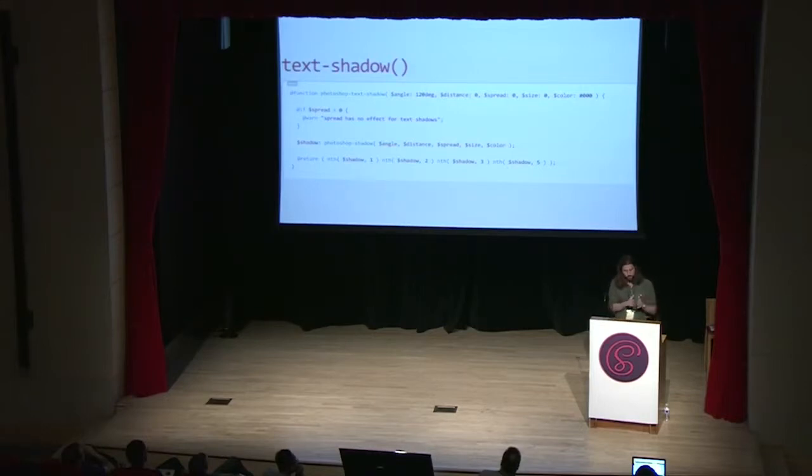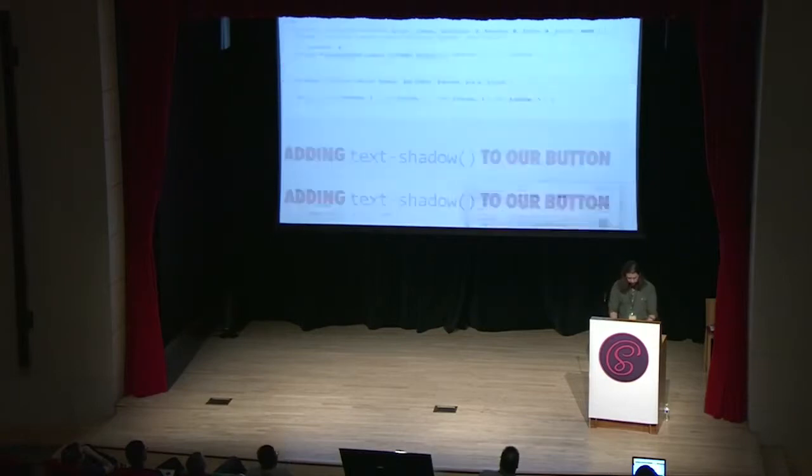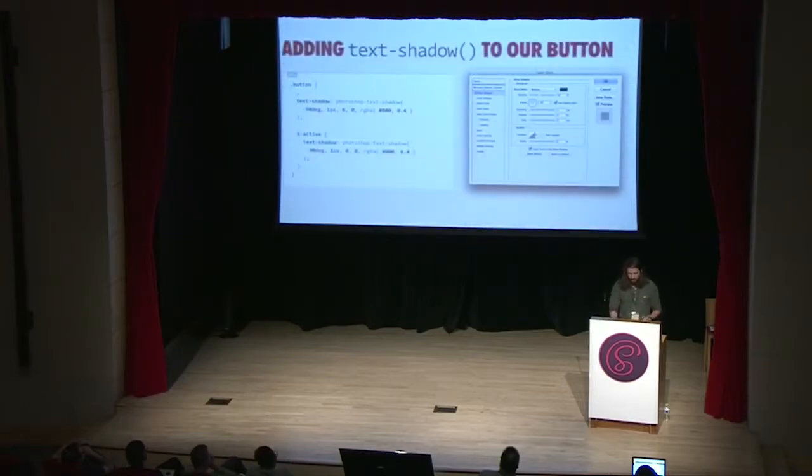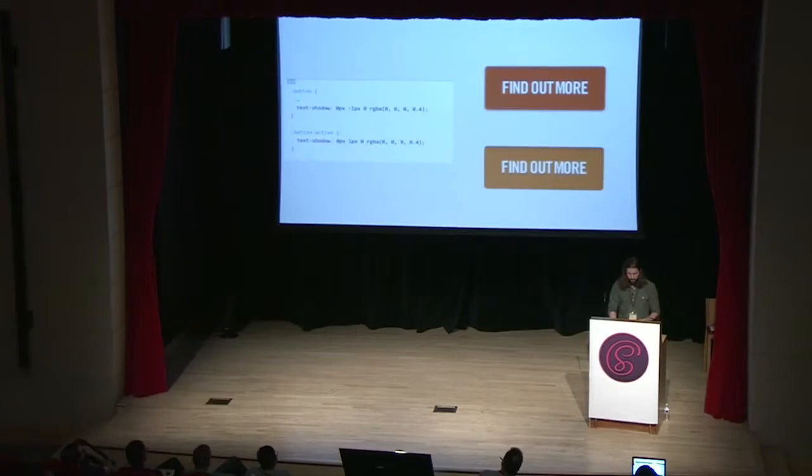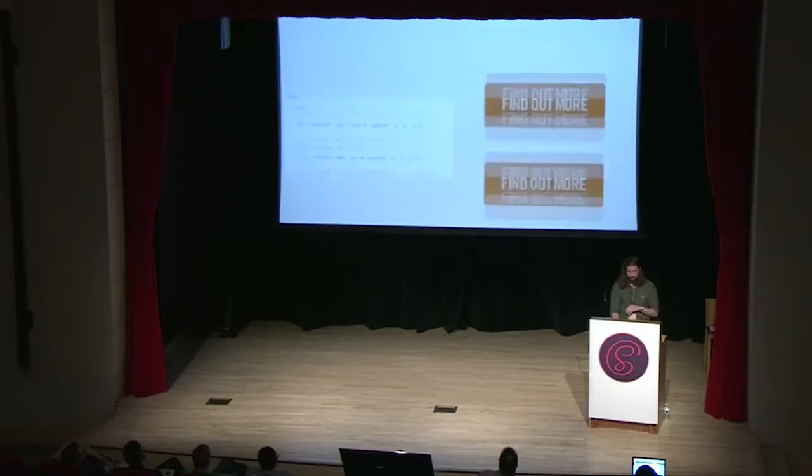What it returns is a space separated list, so we can take each value in that list. And so we get the X offset, the Y offset, the size and the color. So now we're going to add it again, using all these values. And now we have our drop shadow too. And on the active state, it just flips, 90 or 180 degrees.